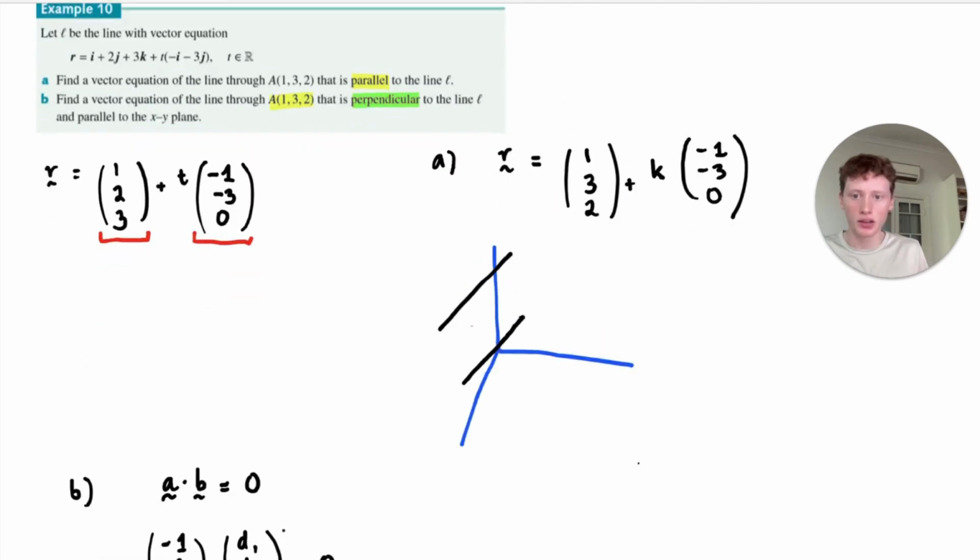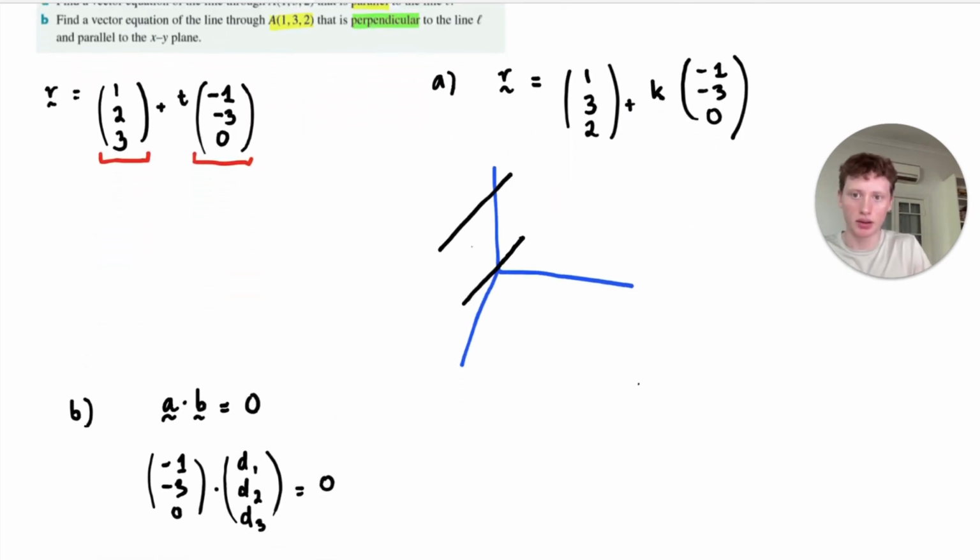All right, here's where we can bring in the parallel to the xy plane bit. This isn't necessarily crucial, but because we're working in 3 dimensions, you could argue that you've got multiple perpendicular vectors. Yes, it can be perpendicular on the actual plane that we're looking at, but it could also be tilted a bit that way and still be perpendicular in 2 of the planes.